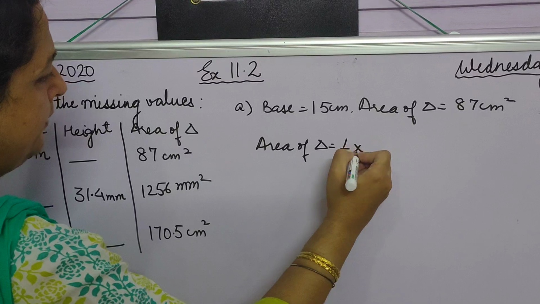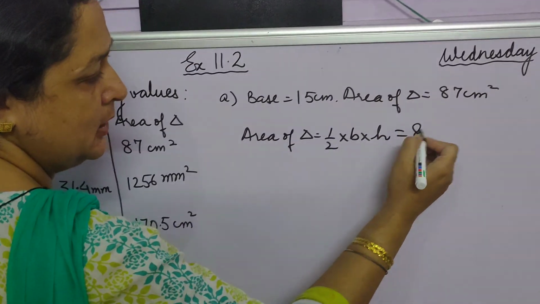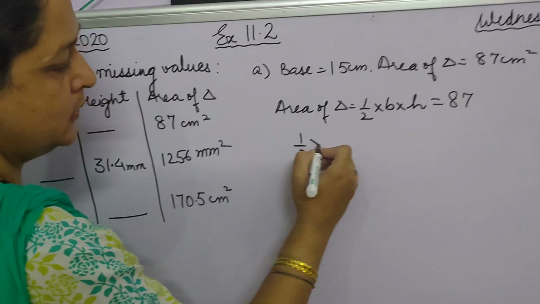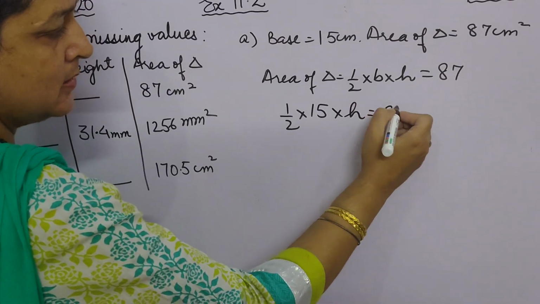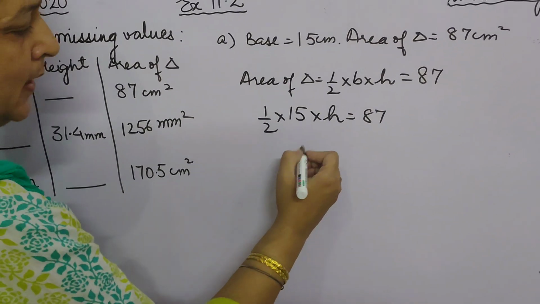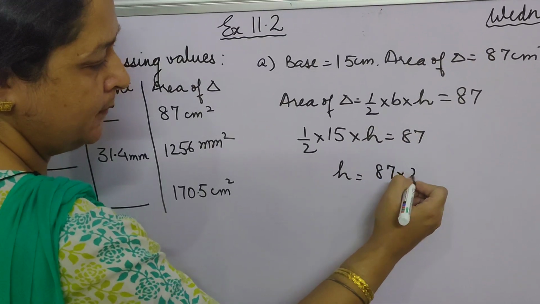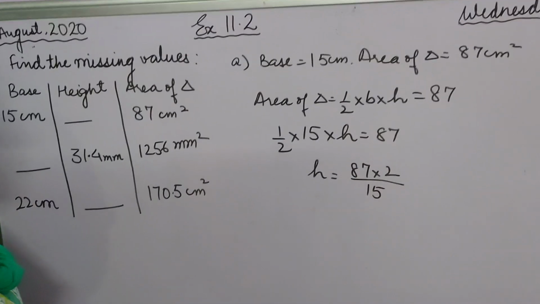It is half into base into height, and this is given equal to 87 square centimeter. Let us put the value of base also, and let us take height as h. Cross multiply. 2 is in division, will go in multiplication, and 15 is in multiplication, will come in division.